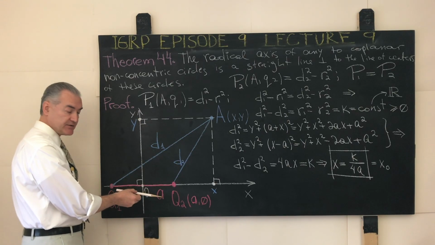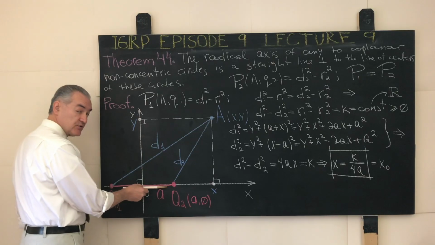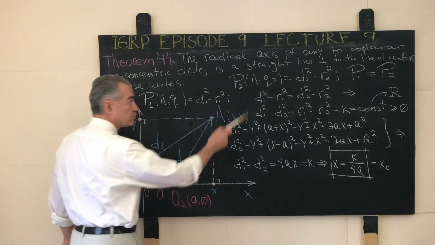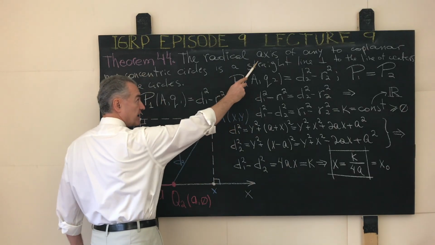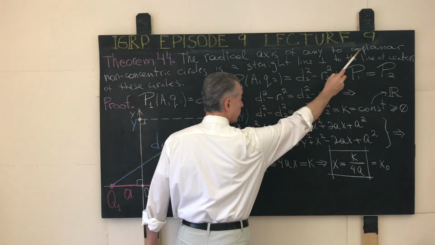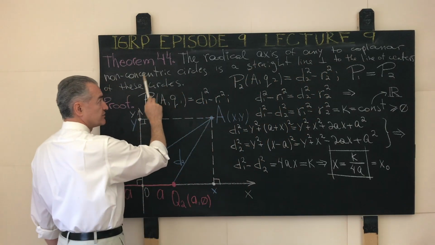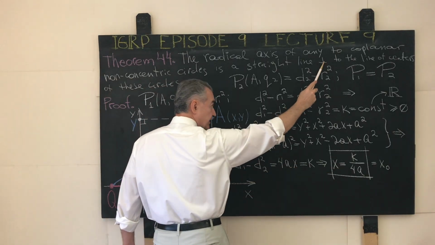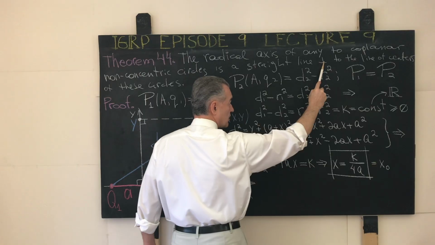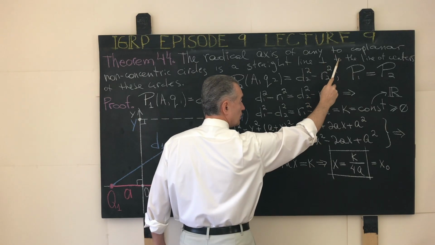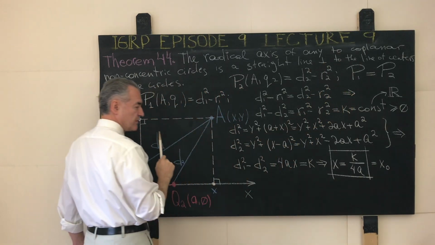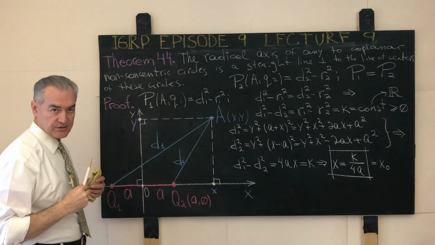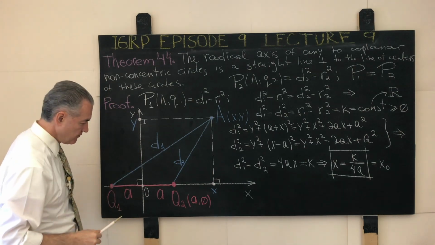That x-axis is the straight line of centers. Consequently, we prove our theorem that the radical axis of any two coplanar and non-concentric circles is a straight line that is perpendicular, or in the highbrow language, orthogonal, if you will, to the line of centers of these circles, and the game is over. We're done with the proof.